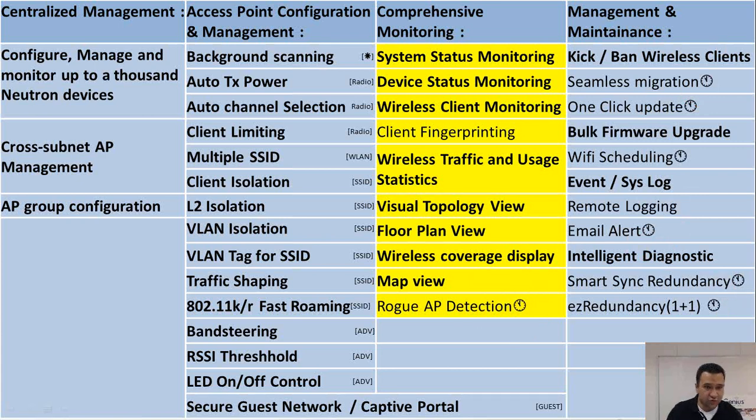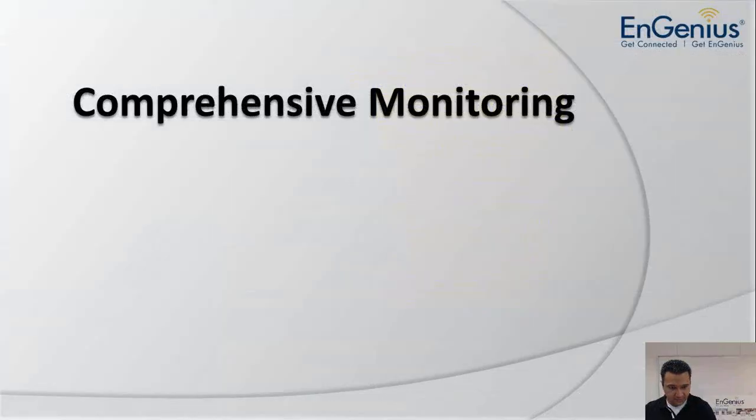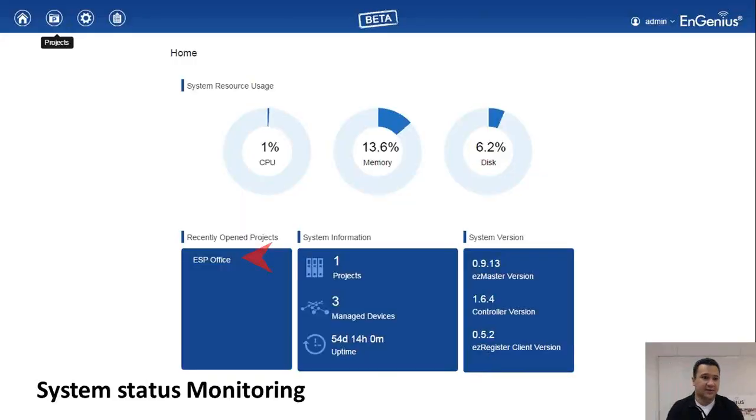But let's go to the comprehensive monitoring. And actually, it starts already from the home screen. This is the home screen, and in this screen you can already read out much data saying something about the status of the system.